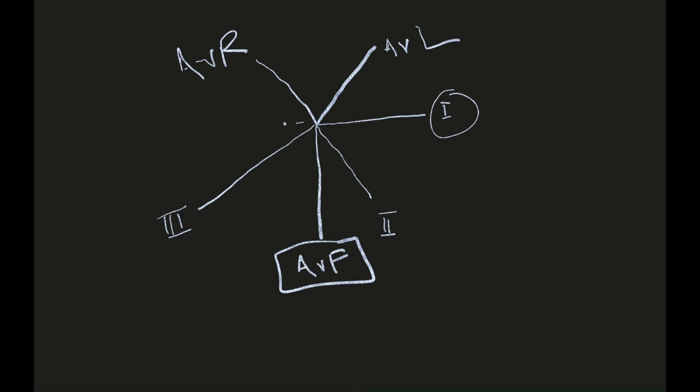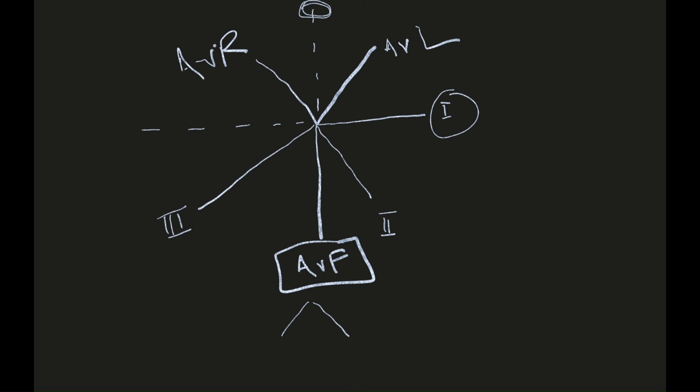If they go towards the other side, their axis will become negative. For example, lead 1, and I will just give you a reference of lead 1 and AVF. Just remember it for now. Just remember this diagram. Consider a person lying down. This is the head side and this is the limb side of the patient.